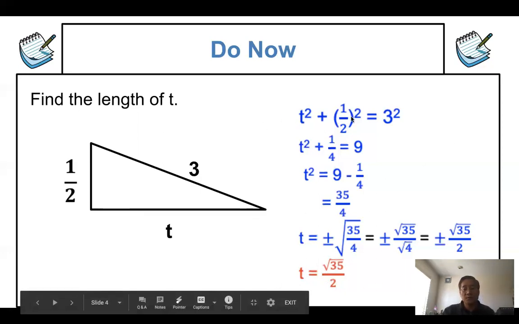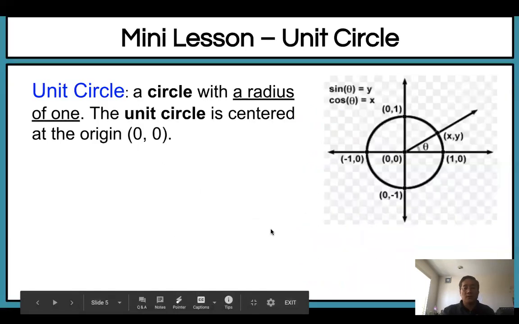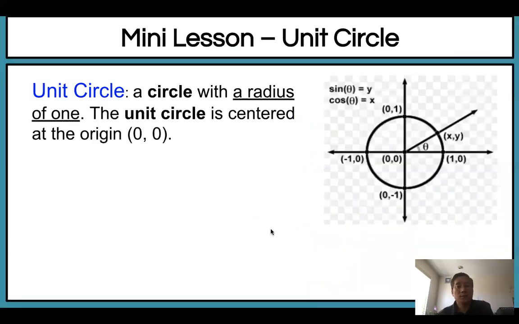So we should be familiar with how to solve Pythagorean theorem and then simplify like this. Please practice by yourself. And let's go to the unit circle, our today's lesson. So unit circle is a circle with the radius 1 in the coordinate plane like this.